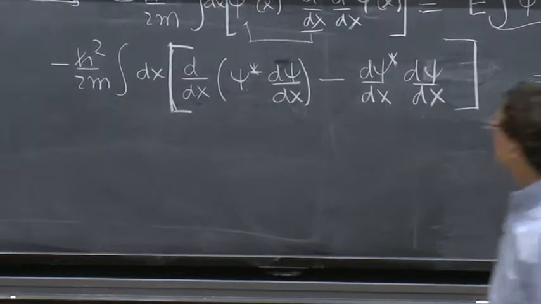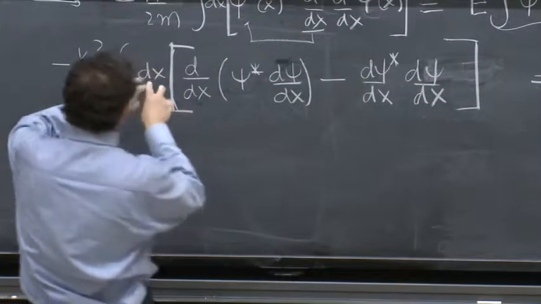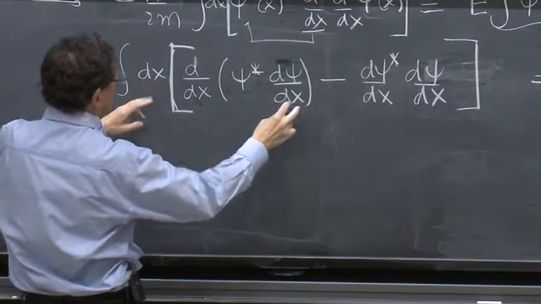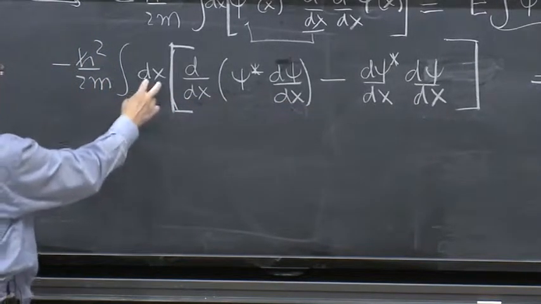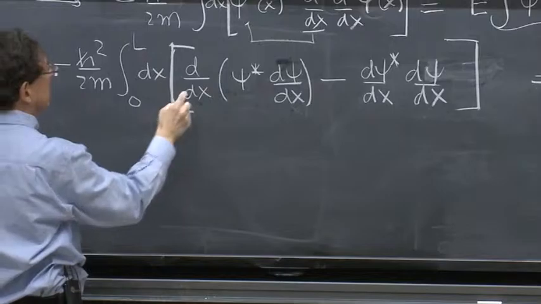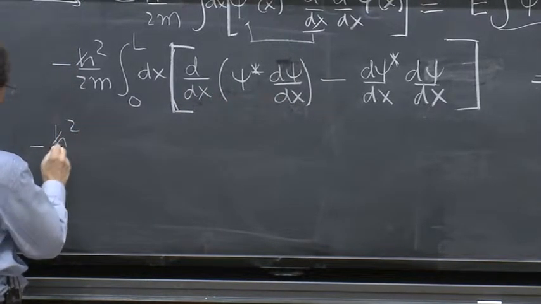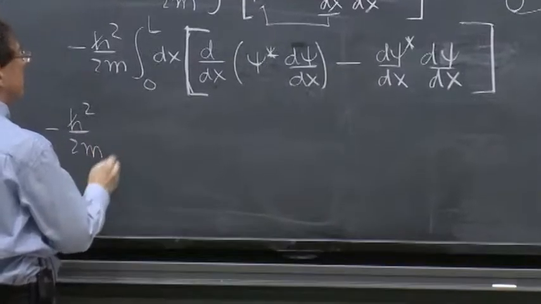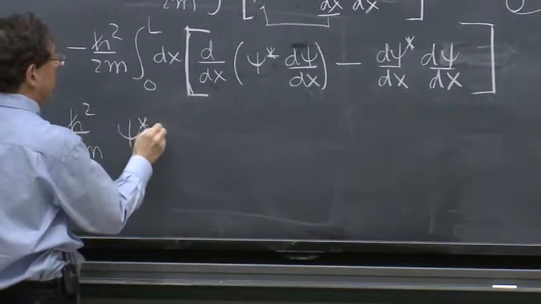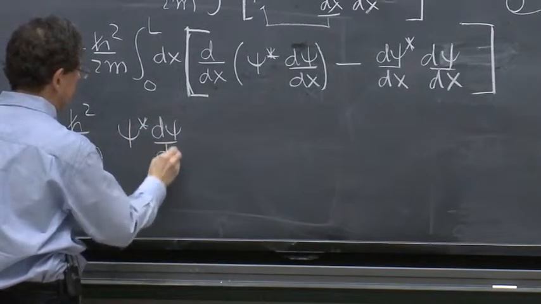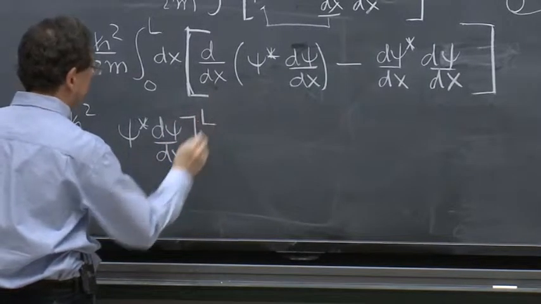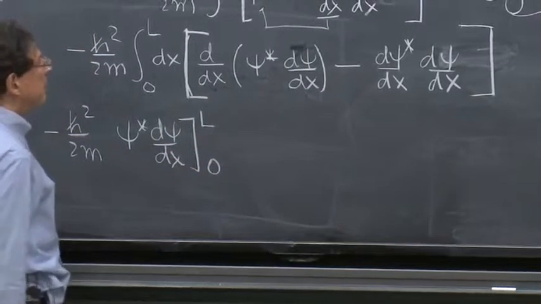Now, d dx of something, if you integrate over x from 0 to L, would give minus h bar squared over 2m, psi star d psi dx evaluated at L and at 0.